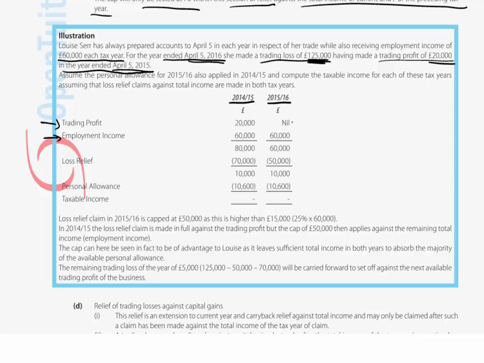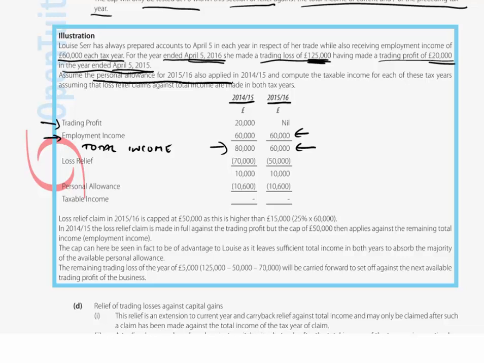Right, add up and see what we've got as total income prior to any loss reliefs applying. The total income is 80,000 in the preceding year and 60,000 in the current year. In the current year, 60,000 is all non-trading employment income.